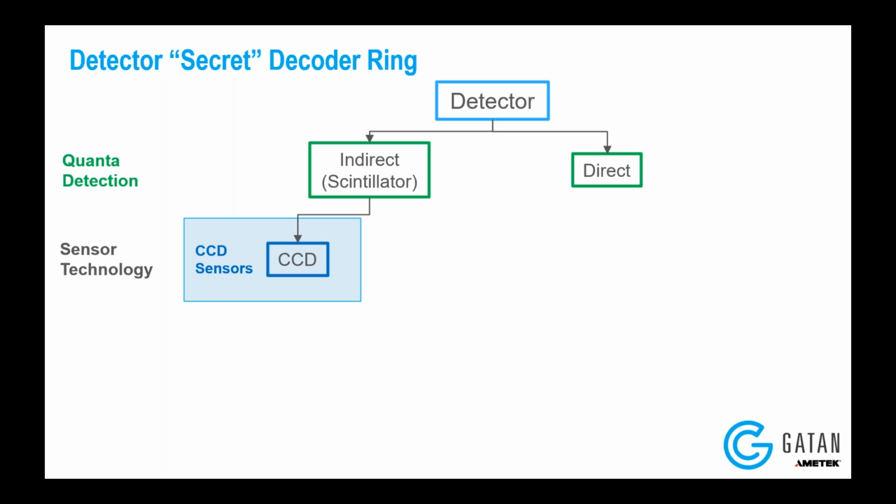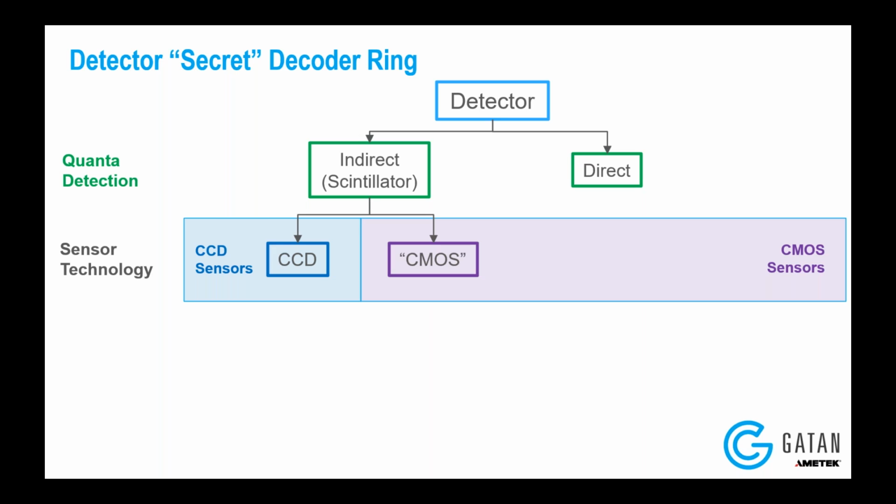Many people use the term CCD in a colloquial fashion to describe just the sensor on a camera in all cases. But nowadays, that's not a really useful way of describing cameras, because there's been a large shift from CCD type sensors to CMOS type sensors, which I'll talk about in more detail in the coming slides.